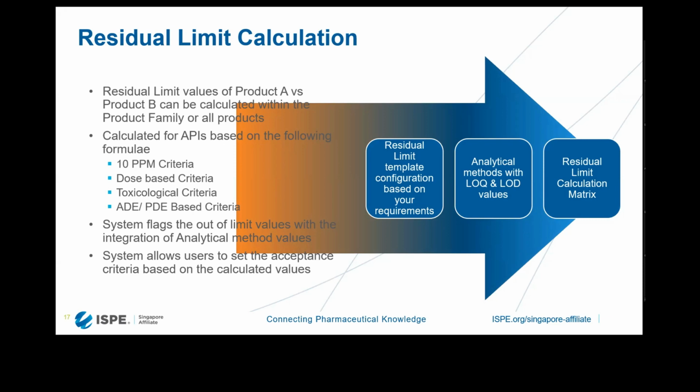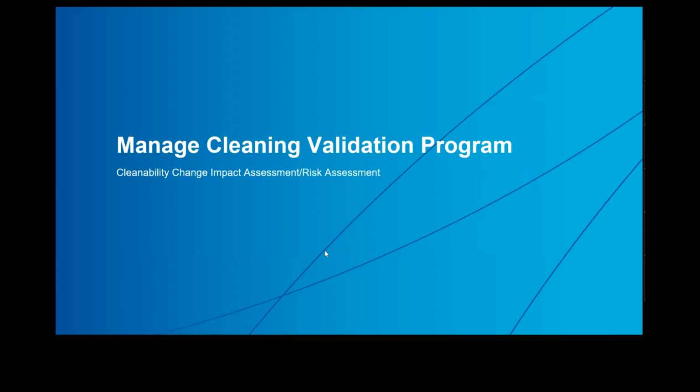So it helps the user make an informed decision, the right decision that is analytically supported, so down the road there would be no compliance risk. That is why it is very important to highlight the unit of measure calculations, how LOQ, LOD is integrated, and how it can help you.